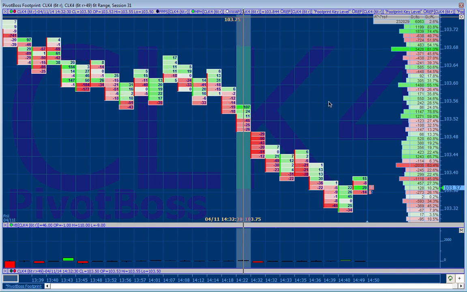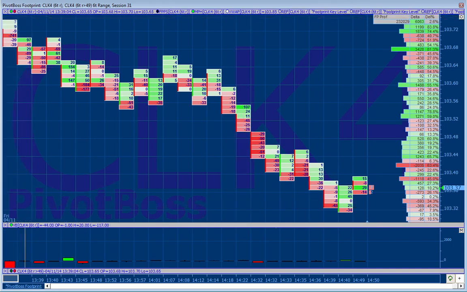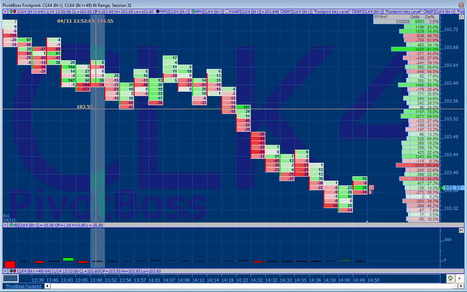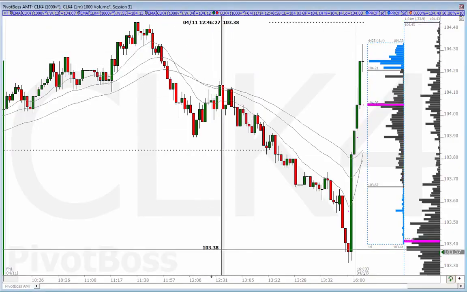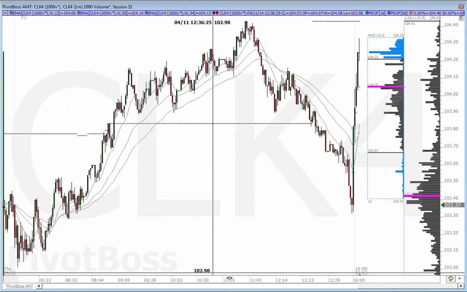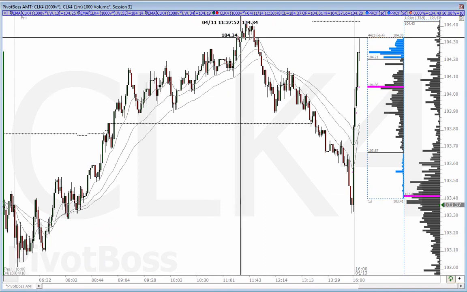That is the footprint. So that's basically the entire day for this session. And you can see how many countless opportunities there were in this one session using the footprint chart. If we're looking at price, and we're looking at this 1,000-bar chart of crude oil futures, and we see how price pushed through the top of 5-day value here, which was our 103.80 key breakout level.